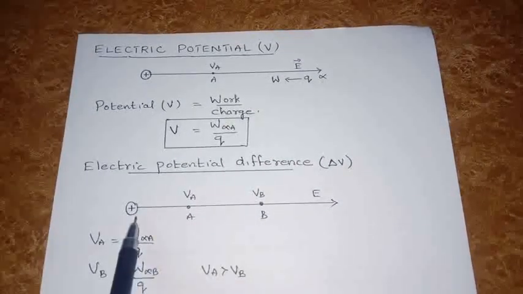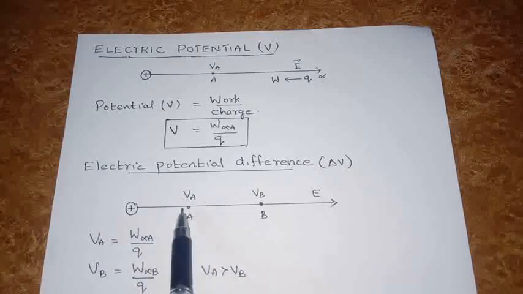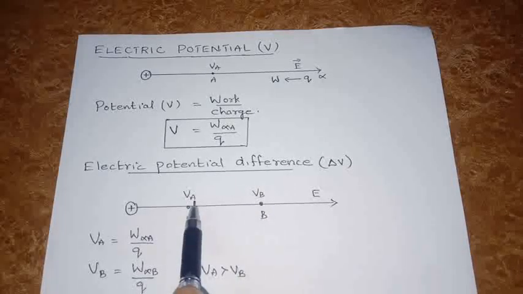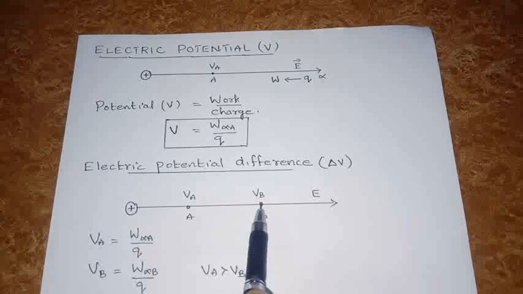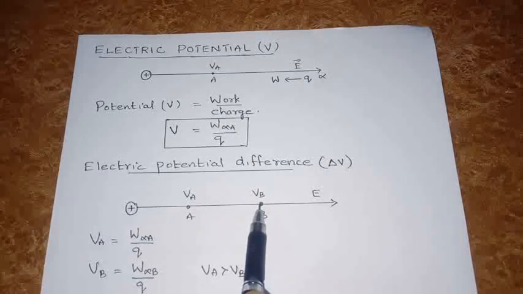Now there exists a potential difference between any 2 points in an electric field. So again I am taking the source charge like this. This is the electric field and I am taking 2 points A and B. VA is the potential at A and VB is the potential at B. Potential at A and potential at B are not equal.